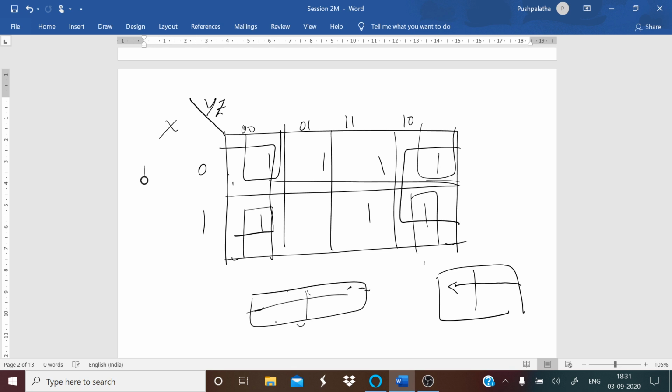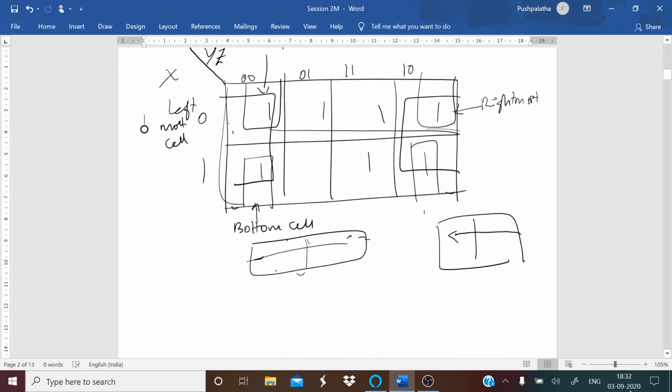So that is also possible. So this is the rightmost cell, and this is your leftmost cell. This is your bottom cell, and this is your top cell. Okay, so when you are folding, just imagine this is a sheet of paper, and when you fold it, you get one square where everything will collide together, so that makes one group.